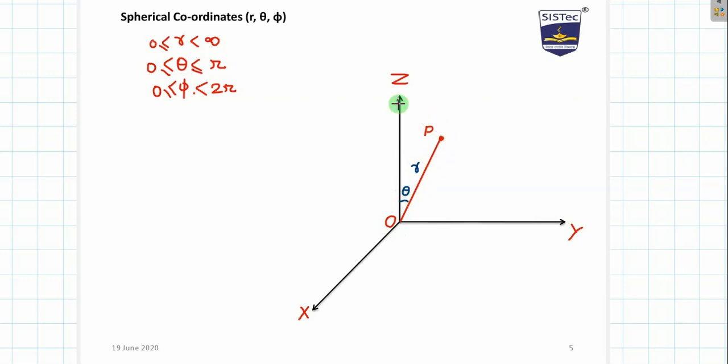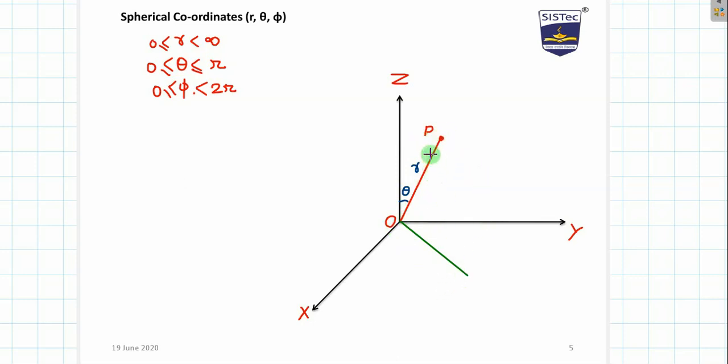Now we will take the projection of this r on the xy plane. I will show you how. We take the projection of this r vector on the xy plane, so this is the projection.